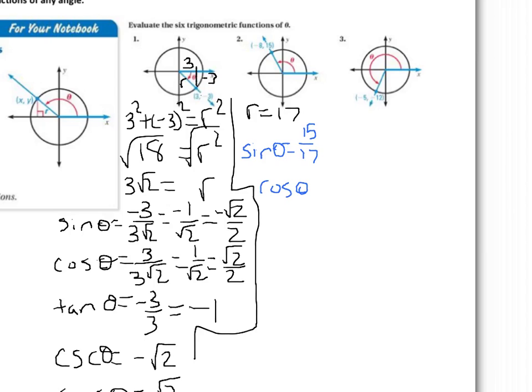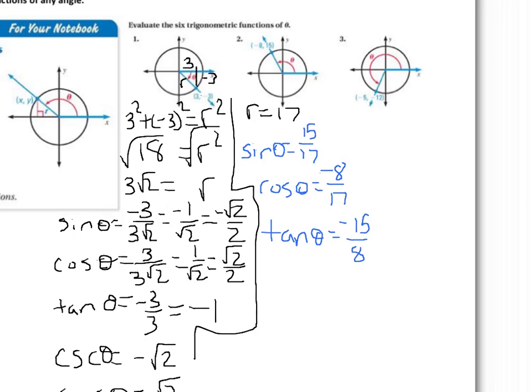Cosine, negative 8 over 17. Tangent, negative 15 over 8, because it's y over x, but it's negative.